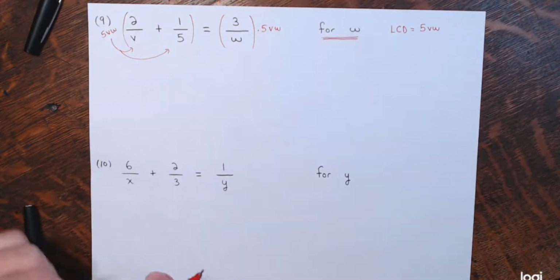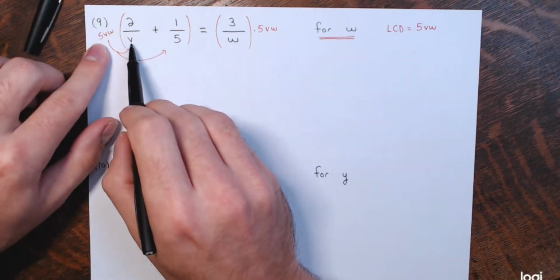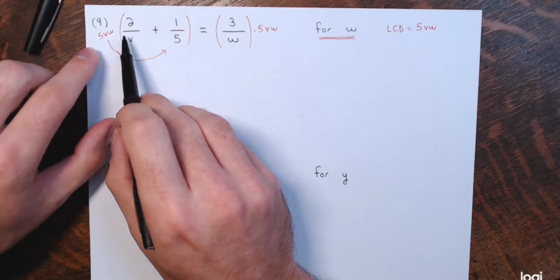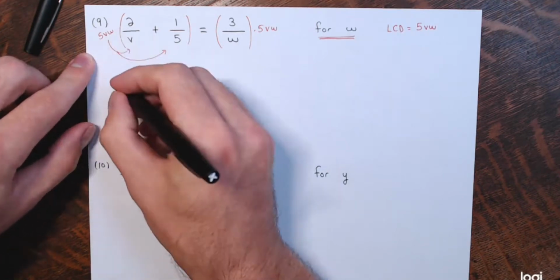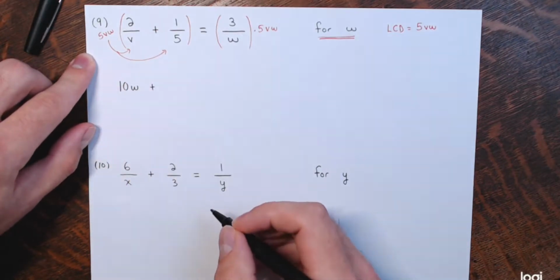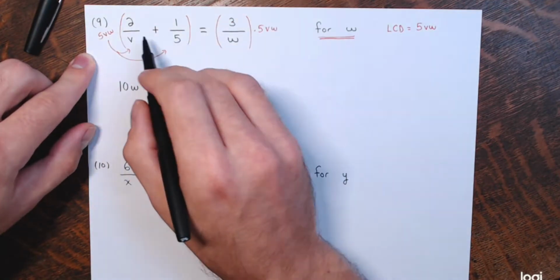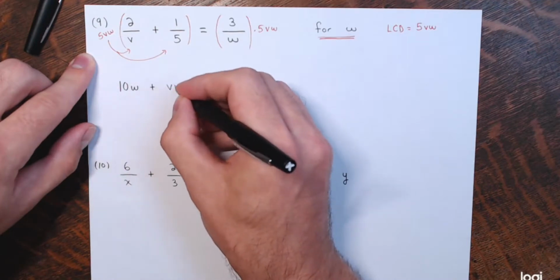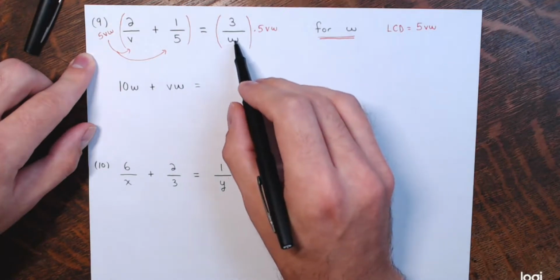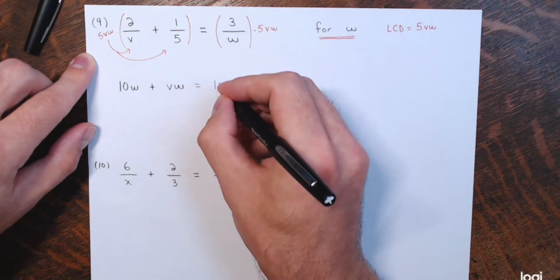Now on the left side, when you take that first fraction, 2 over v times 5vw, the v's would cancel, and I'd be left with 5w times 2, which would be 10w, plus 1/5 times 5vw, the 5's would cancel, and I'd be left with vw, v times w. And on the right side, the w's would cancel. I'd be left with 5v times 3, or 15v.